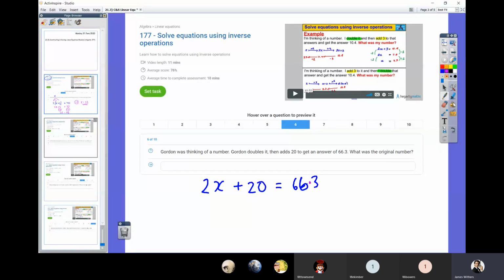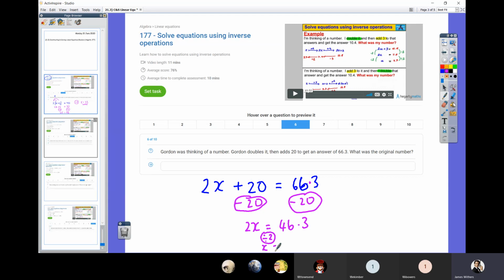That was 66.3, wasn't it? So start off, you work your way into the x, remember? We're going to take away 20 from both sides to start with. Don't divide by 2 to start with. Take away 20 from both sides. At that point, 2x equals 46.3. To undo this timesing by 2, we have to divide by 2.